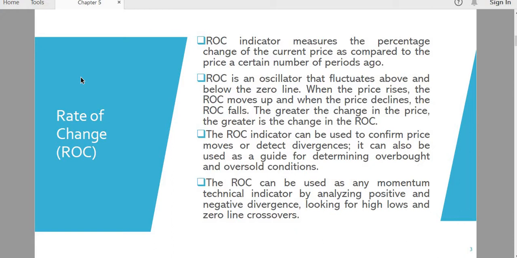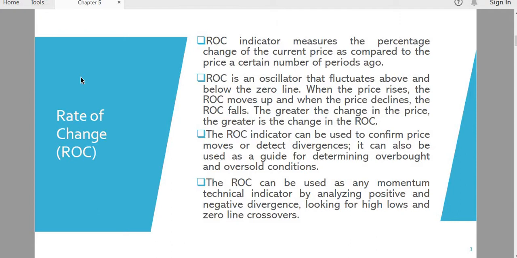If you remember, in chapter 4 I discussed the bounded and non-bounded oscillators. So ROC falls under the non-bounded oscillator. When the price rises, the ROC moves up, and when the price declines, the ROC will fall. The greater the change in the price, the greater the change in the ROC.